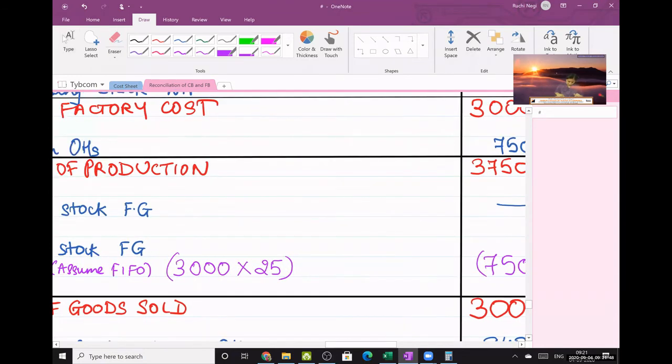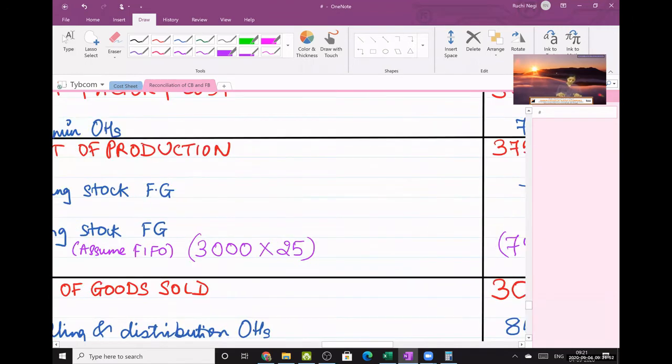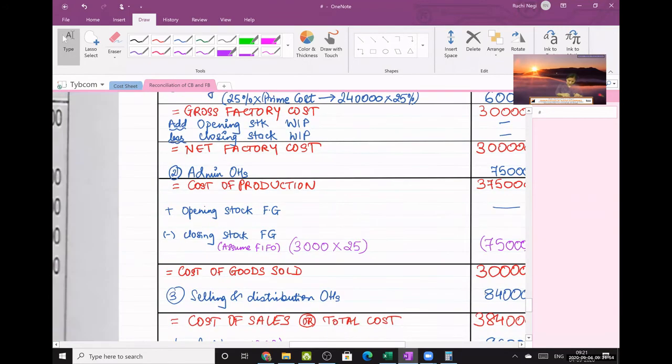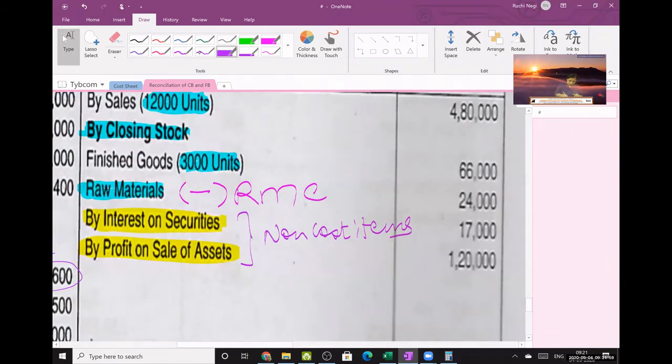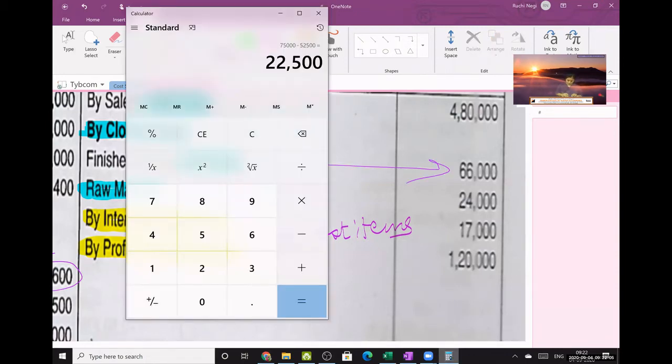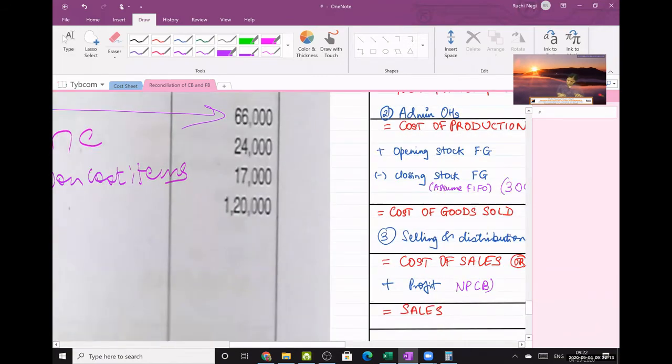Opening stock is not there, closing stock is 75,000 as per my cost sheet. Let's see how much closing stock is as per finance. Closing stock as per finance is 66,000. So 75,000 minus 66,000 is 9,000. Where is it excess? It is excess in cost sheet, so we will record it.